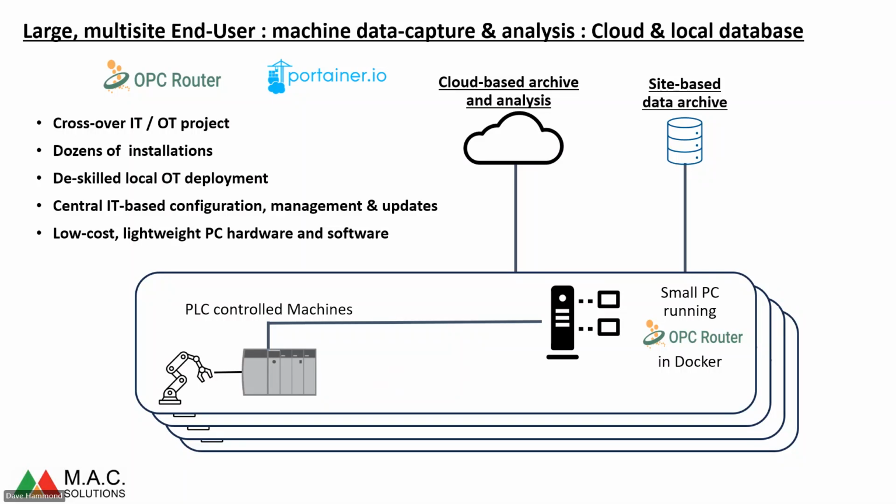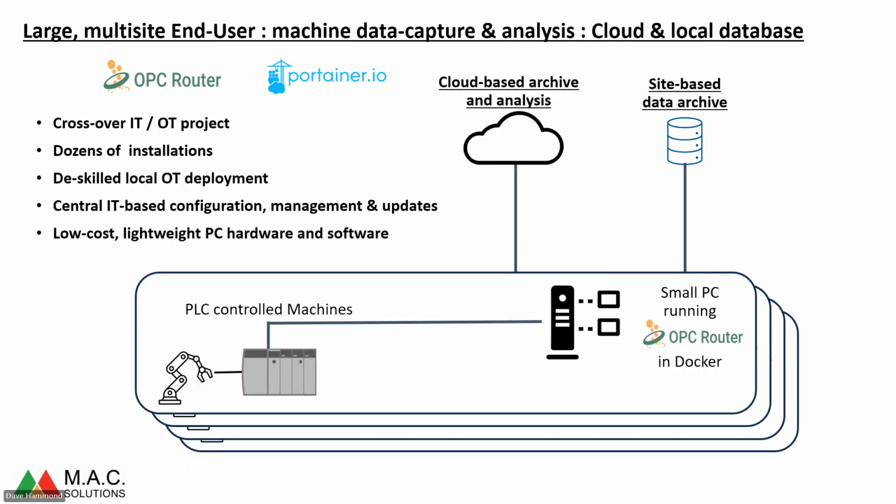They have OT people who learned how to set up Docker on this Linux-based edge device. They are the people who connect everything, the electrical engineers, if you want, and they are able to simply prepare that edge device, connect it to the machine, and deploy OPC Router.